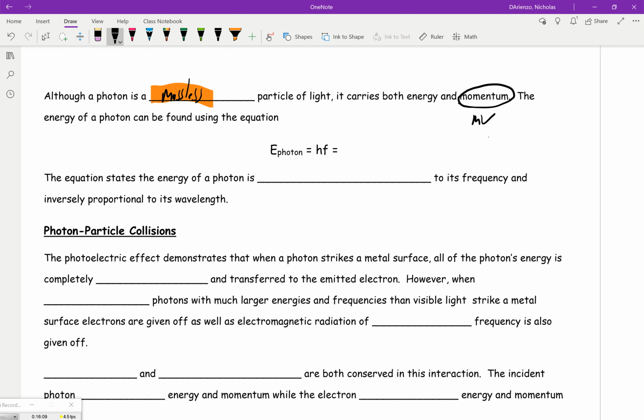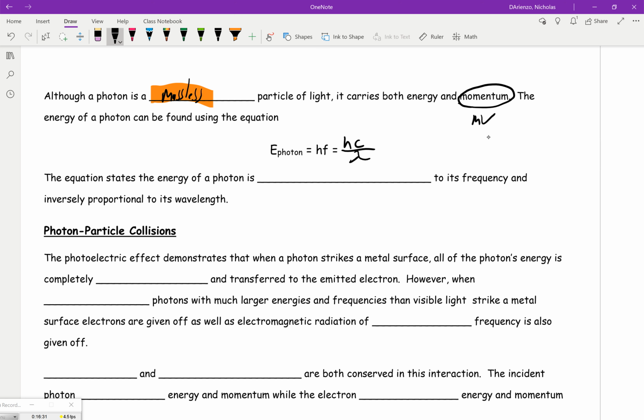The energy of a photon can be found using the equation Planck's constant times the frequency, which, if we break down what the frequency is, can also be represented as Planck's constant times the speed of light divided by the wavelength.